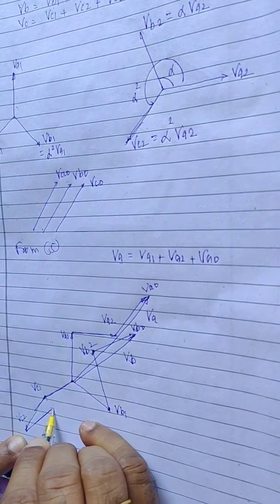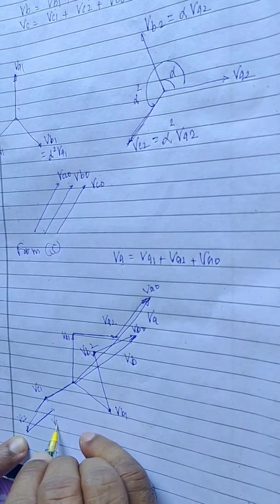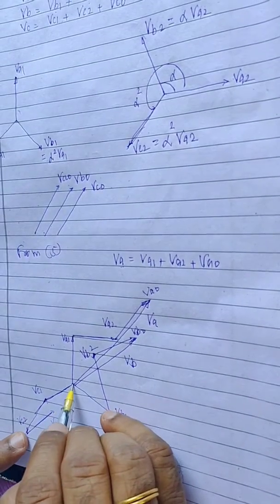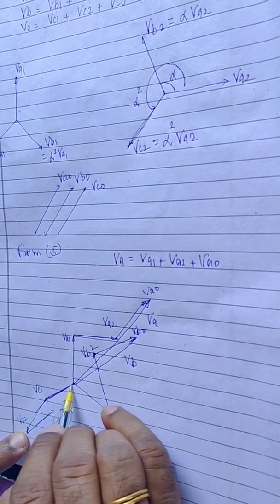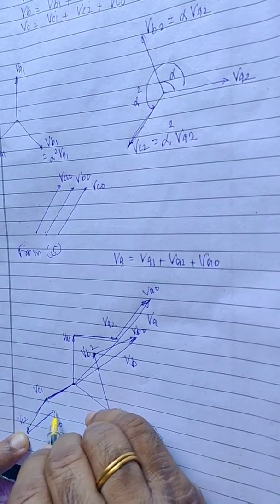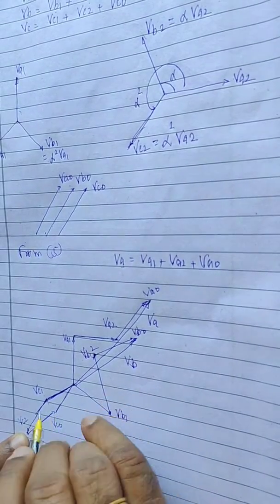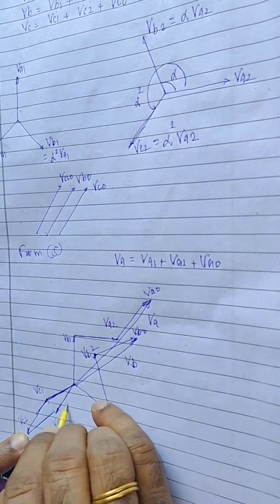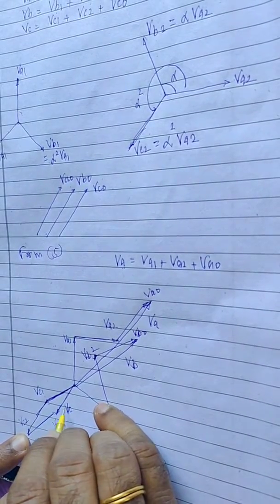The phasor sum of VC1, VC2 and VC0 is nothing but VC.